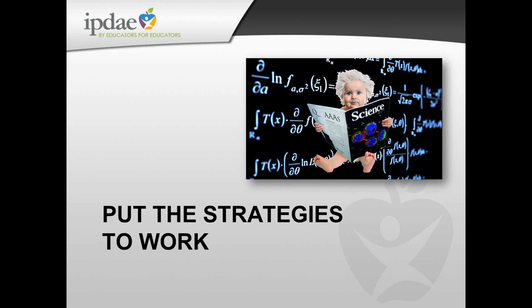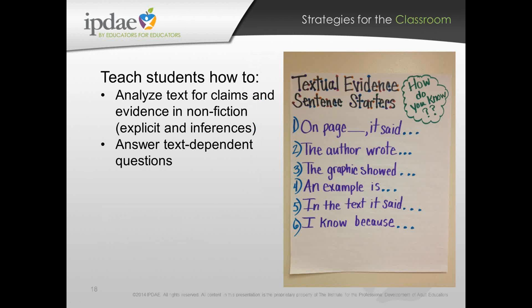Since we're really talking evidence, evidence, evidence, to me, one of the best strategies that we can teach, and it does cross all content areas as well as the real world, is we need to teach students how to analyze texts for what we call claims and evidence. Both that evidence which is right there and that evidence that students need to infer.